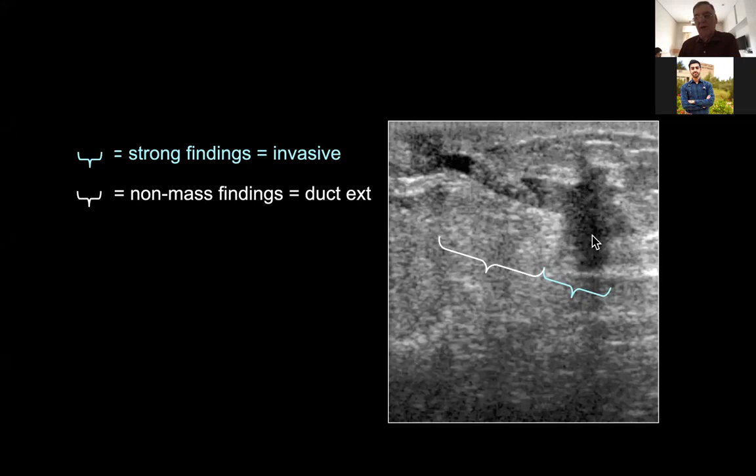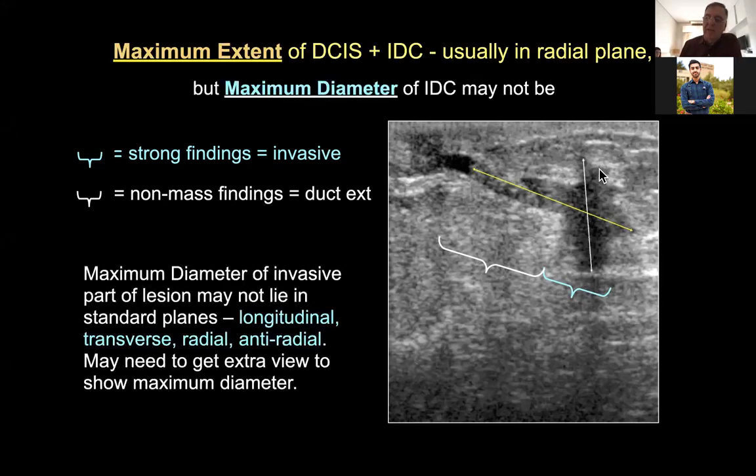It's taller than wide. It has angular margins and a thick echogenic rim. So the maximum diameter of this lesion, according to TNM, is this white line. That's the size. But the extent includes the DCIS component. So you can see, if I compare the white line and the yellow line, size is not equal to extent. Extent is greater than size, and that's almost always the case.